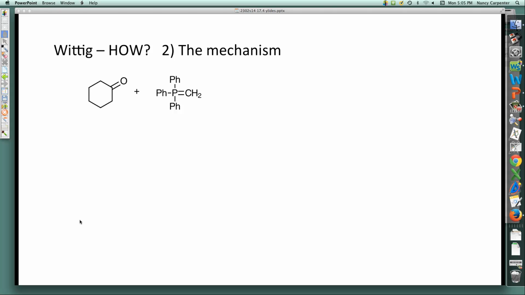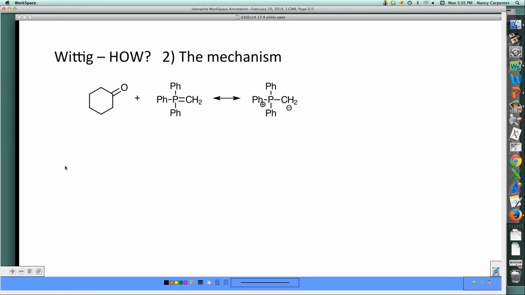How does it work? Well, the mechanism, it makes sense if you break it down step by step and think about electrophiles and nucleophiles. And to do that, you really need to ignore this version of the ylide and think instead of this version where the reactivity of the ylide is so much more obvious.